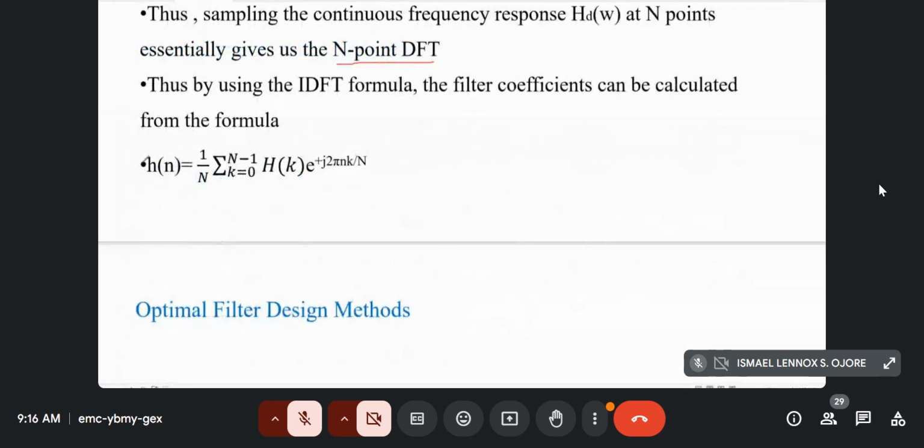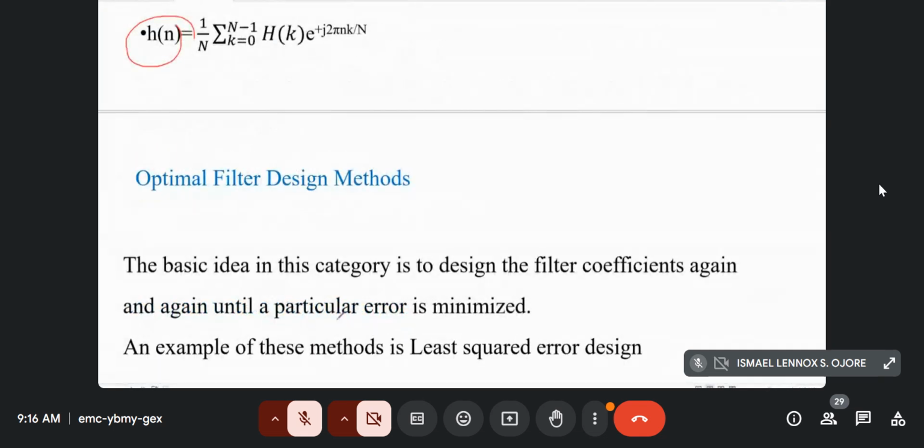So from that you can get your h(n). It will be easy to get h(n) from the DFT, because remember they are the same h(n). So this you're getting from the DFT, now you're getting it from the IDFT.